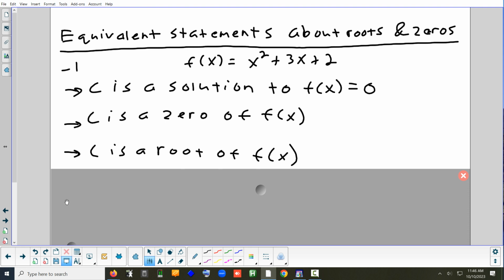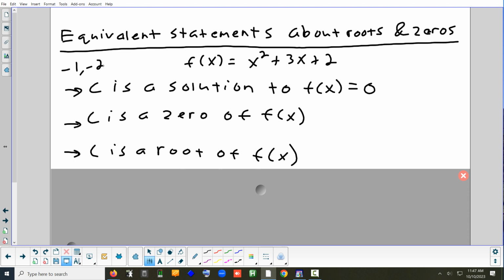Now, Jacob, you said that -1 was a root, right? So what would be the other root? Yeah, it would be -2. So -1 and -2, Jacob just gave us the two roots.